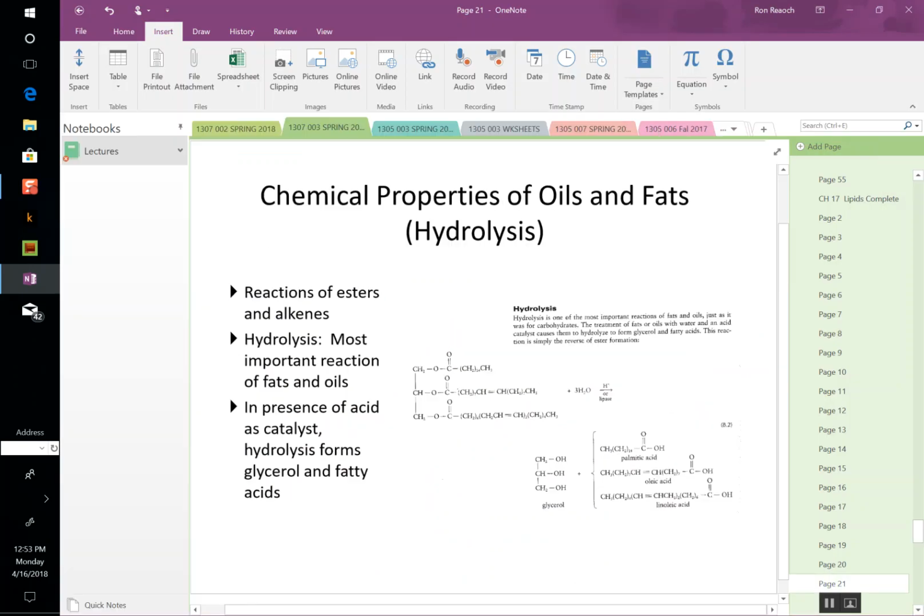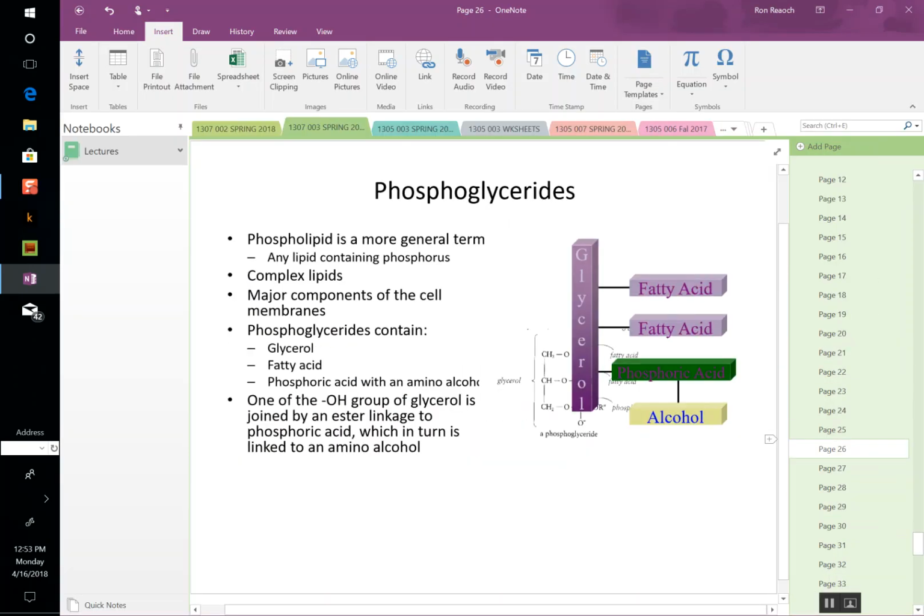Slide 26 and 29. Now, a minute ago, you had a rough draft of what a triglyceride looks like. If I covered all of that up, we're looking at a phosphoglyceride right now.